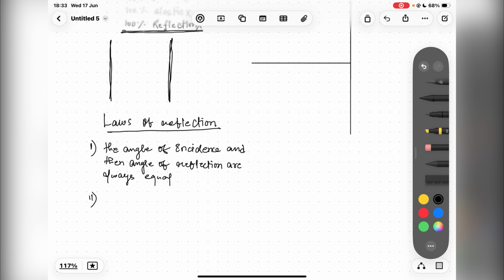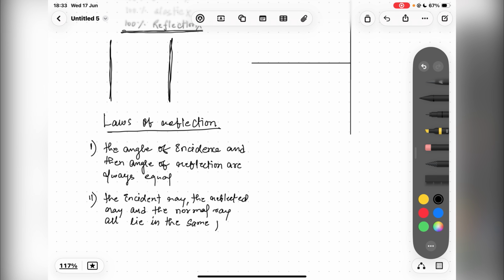Second thing is that the incident ray, the reflected ray, and the normal ray all lie in the same plane.